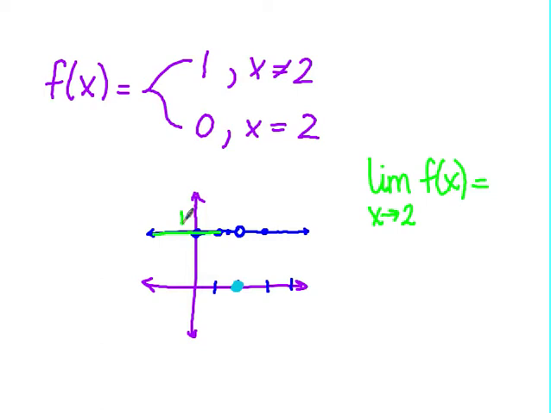And as I get closer and closer, I'm still at the number 1. Same thing from the right: 1. So what's the limit? 1. You do not just look at the dot, because some people say it's 0. That's wrong. You have to look from the left and the right.